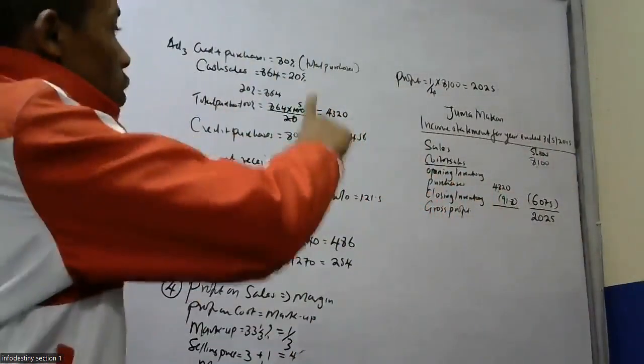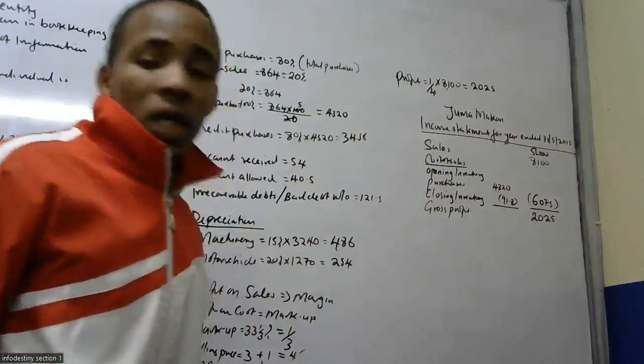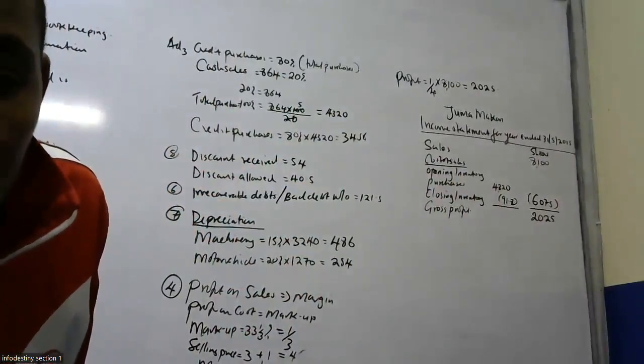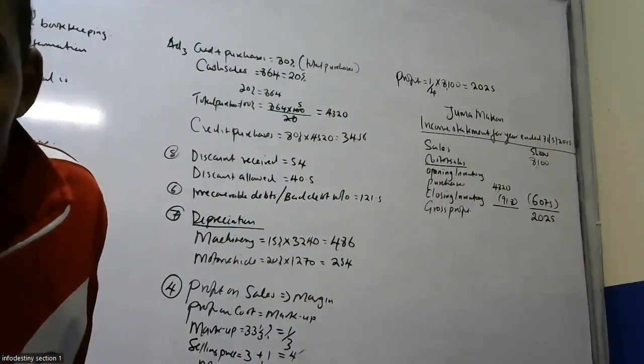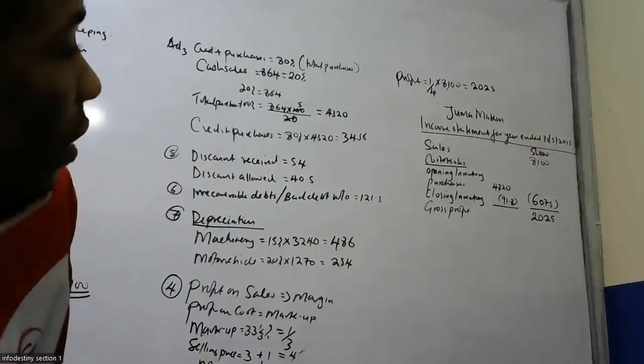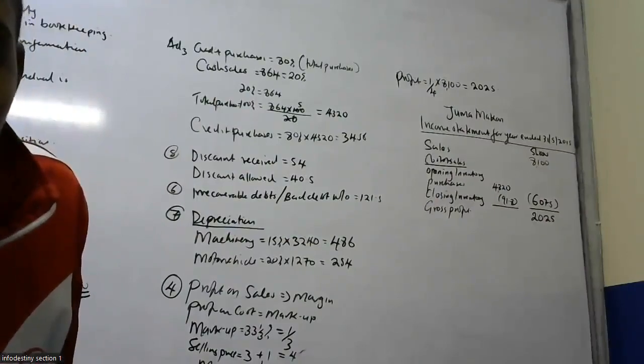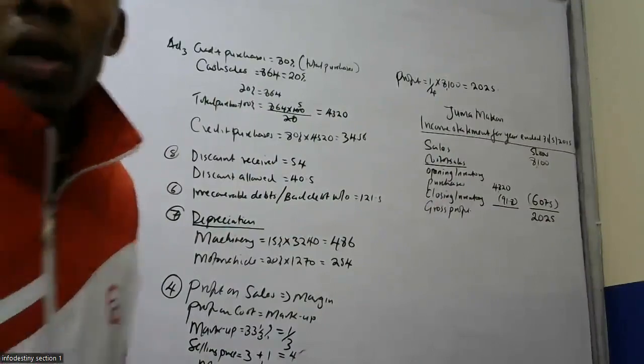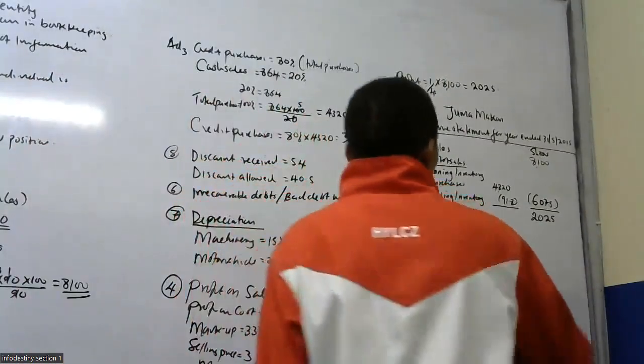We are working backwards so that we can determine the opening inventory. For 6075, we add 91.8, then we minus the purchases, 4320. And that will give us the opening inventory of 1846.8.